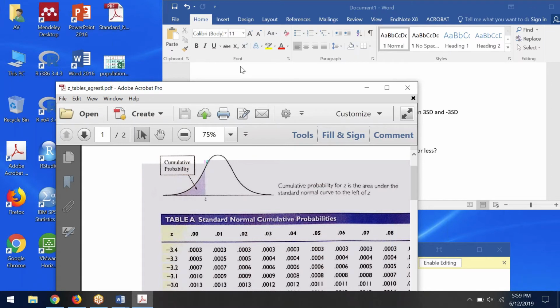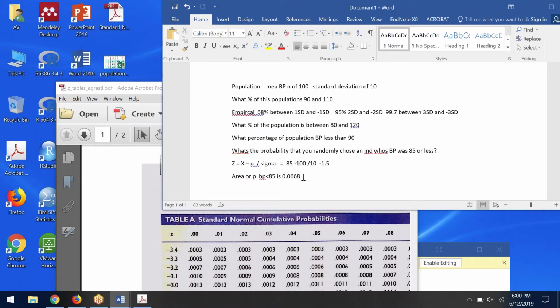If you do it a little bit more accurately, it's going to be 1 minus 0.0668. A little hard to do this way.